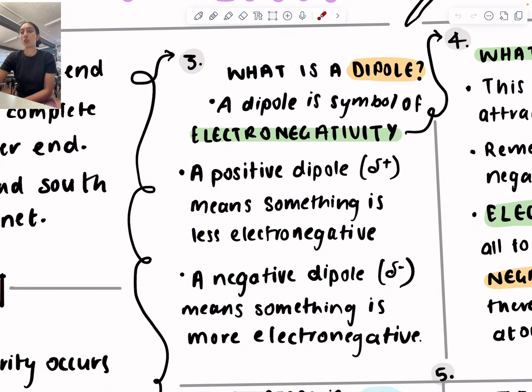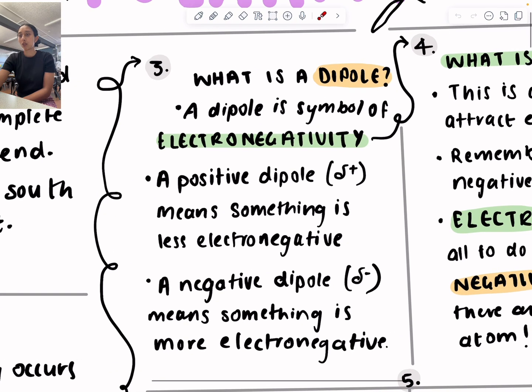I'm definitely going to unpack what electronegativity means, but for now, I want you to understand that a positive dipole, like we saw in our diagram before, means that something is less electronegative, and something that has a negative dipole means that something is more electronegative. That might seem a little bit confusing right now, but it's going to make sense. Just stay with me.